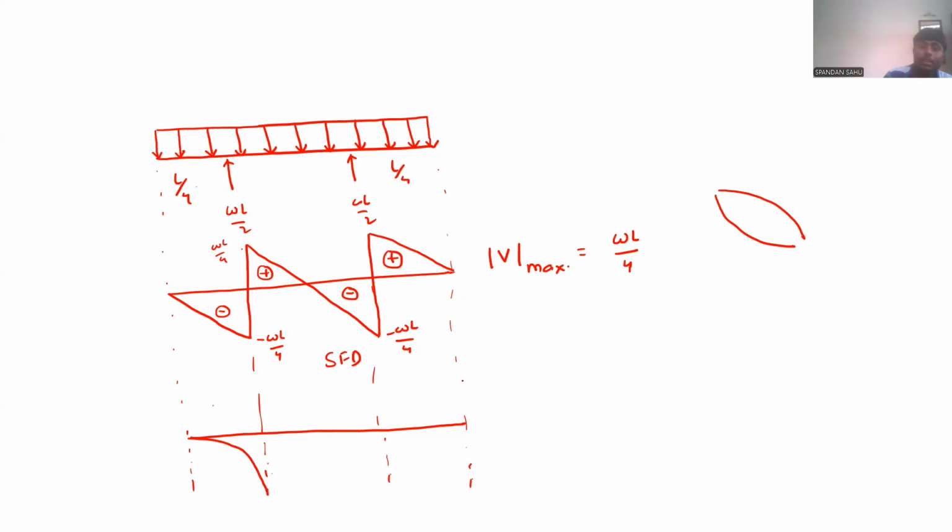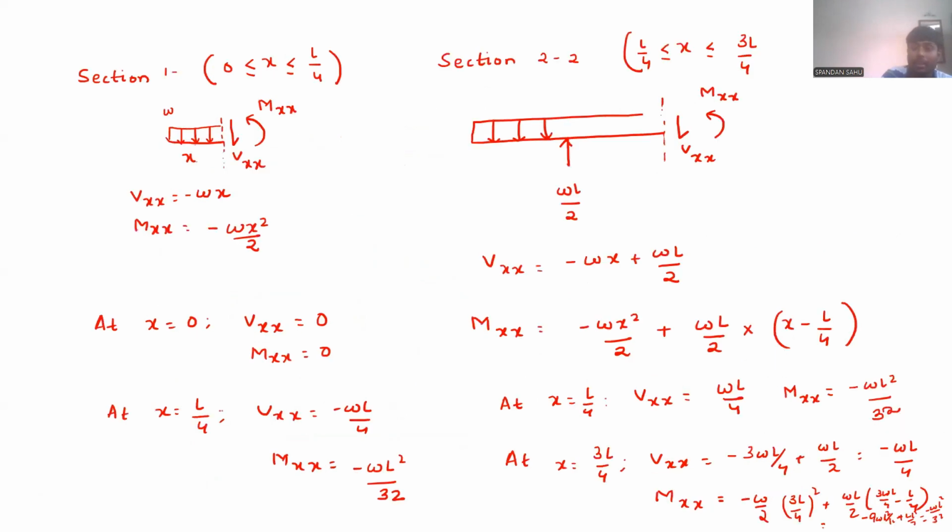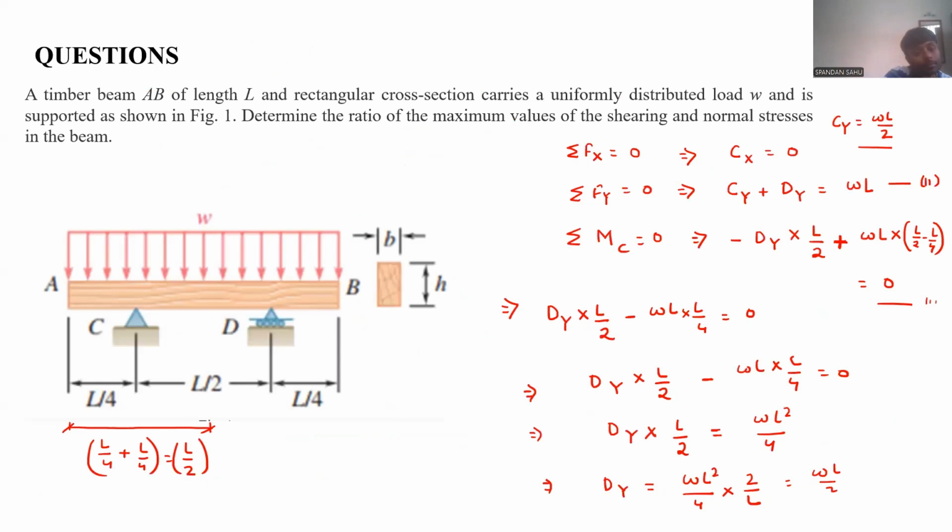Okay. Since the loading condition and the beam is symmetrical, your SFD will be anti-symmetrical, and again your BMD will become what? It will be symmetric or anti-symmetric? Just tell me. Correct.